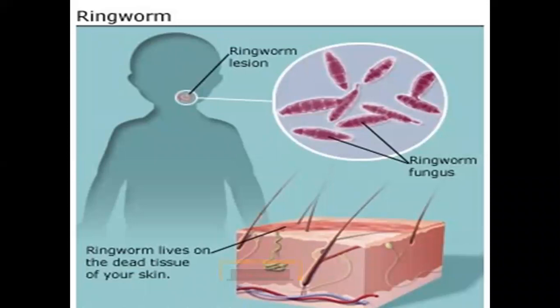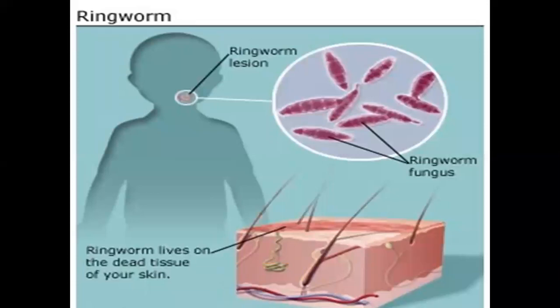So ringworm doesn't mean that it is a parasitic infection. Ringworm doesn't mean that there is a worm. It is a fungal infection. Ringworm is because it is going to form a ring-like lesion on the skin, mostly on the trunk and the abdomen and the back of the body.